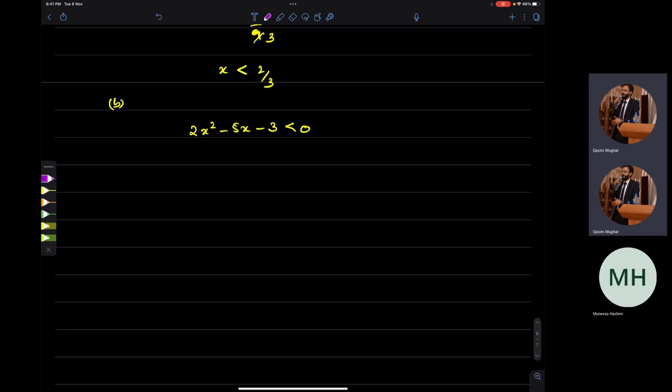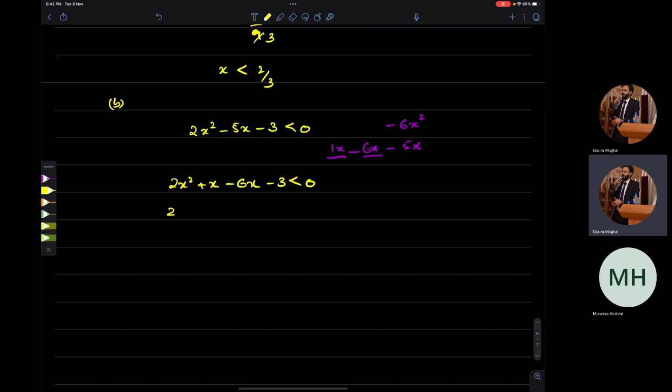If I try solving it with the factorization method, I need two numbers that multiply to give minus 6x squared, and the difference of the two numbers should give you negative 5x. 1x and minus 6x, isn't it? Yes. All right, so 2x squared plus x minus 6x minus 3 less than 0.